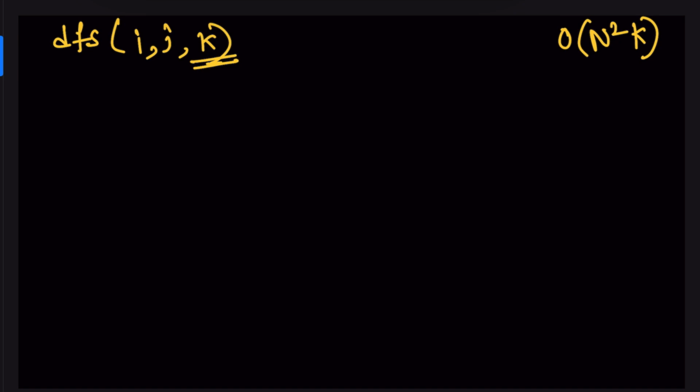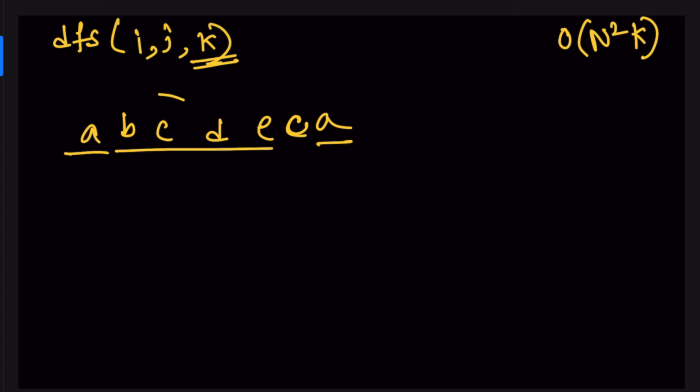Without this k, can we solve this problem? So let's see the string once again. A, B, C, D, E, C, C, A. So A and A are matching. We're checking for the rest of the string. And here B and C are not matching. So we'll check if this can return a valid K palindrome or this, right?